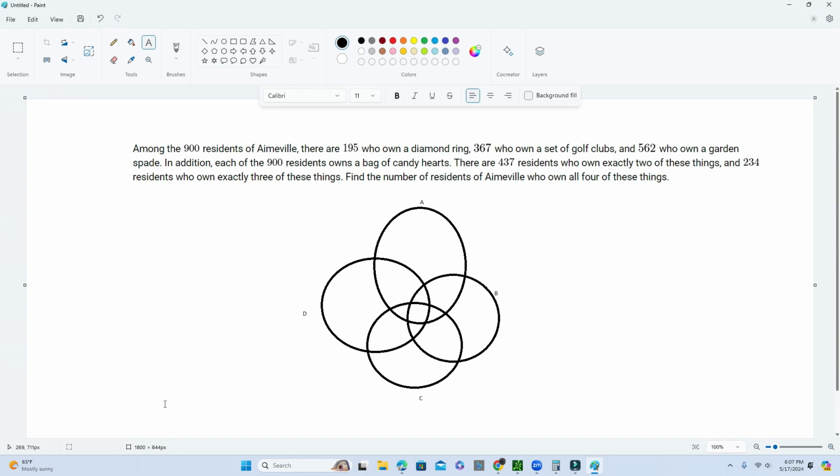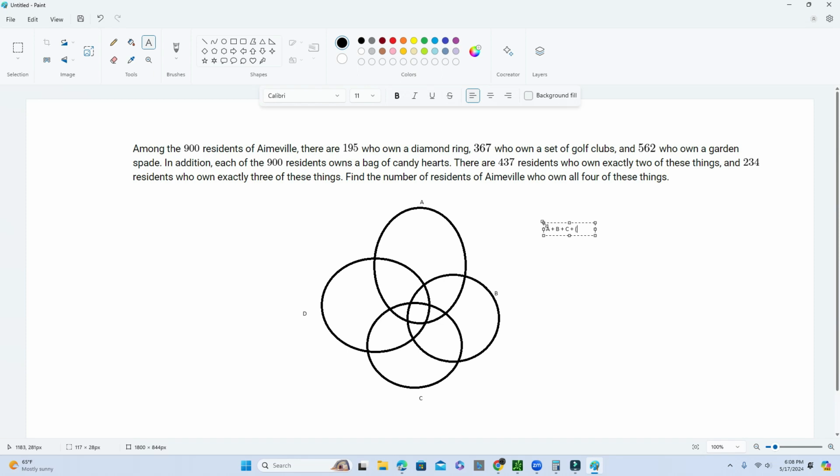For a 3-way Venn diagram, let's say it's A, B, and C, the formula would be A plus B plus C, and then minus the overlaps.